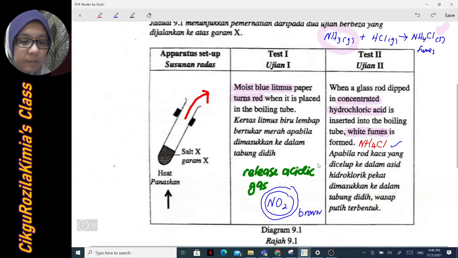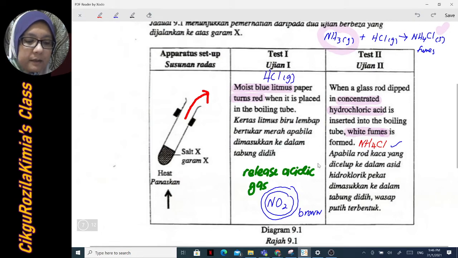Ada tak disebut pasal warna brown? Tak ada kan? So therefore we have to remember it is not actually the nitrogen dioxide gas. Tetapi okay, sebenarnya yang menukarkan blue litmus paper to red ni adalah hydrogen chloride gas.